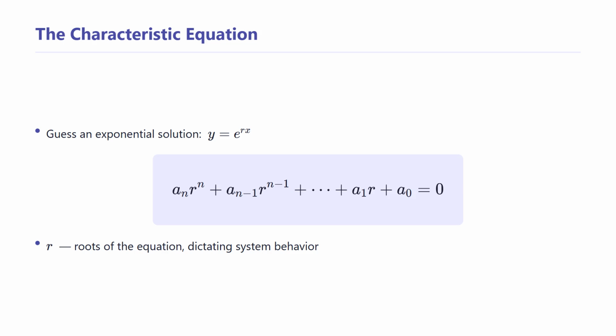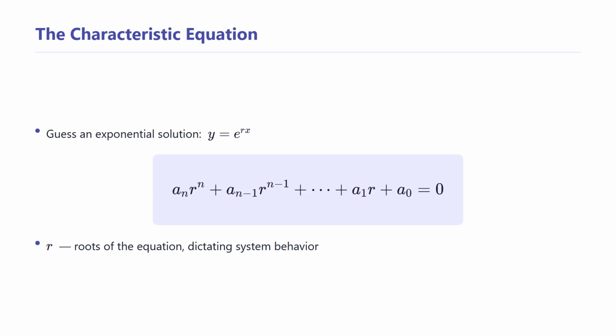To solve this daunting differential equation, we use a brilliant mathematical trick. We guess that the solution looks like an exponential function, specifically e to the power of r times x. When we plug this guess into our differential equation, the derivatives pull down powers of r. This beautifully transforms our difficult calculus problem into a simple algebra problem.